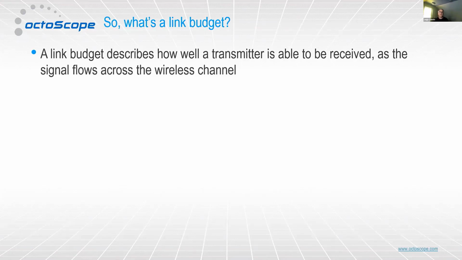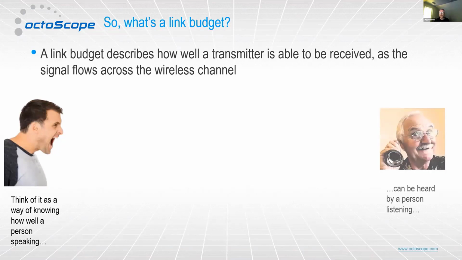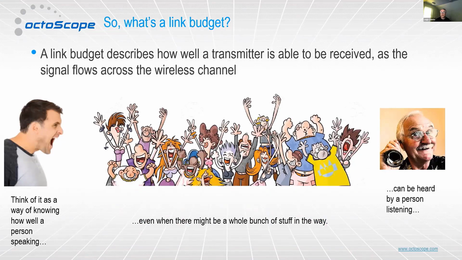So what's a link budget? A link budget describes how well a transmitter is able to be received as the signal flows across the wireless channel. At a high level, we can think of it as a person speaking, that's the transmitter, another person listening, that's the receiver, and what the speaker is saying has to make it from the person speaking to the person listening, and there could be a whole bunch of stuff in the way.